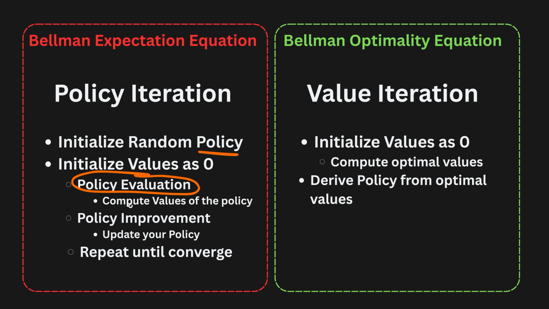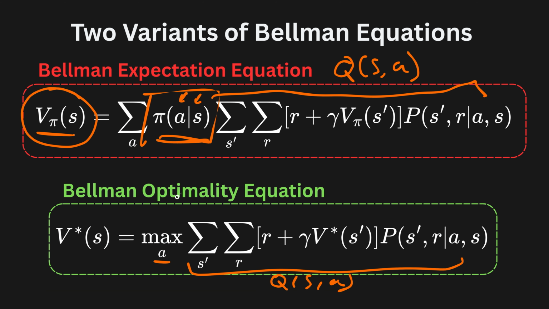Once we had done that, I now have my estimate of the values for this specific policy in my environment. So now I can use a method called policy improvement, where I update my policy. Policy improvement was pretty straightforward: select the action that maximized my future rewards given the values I already computed.